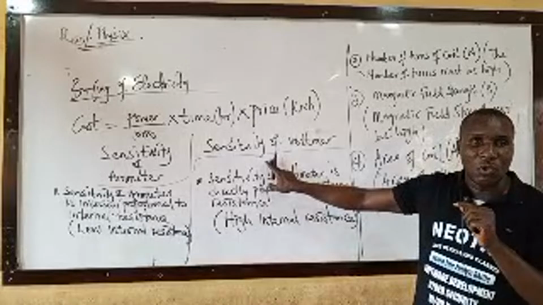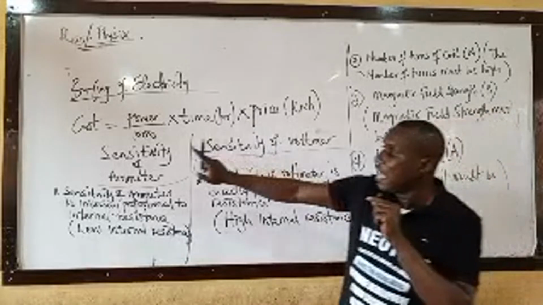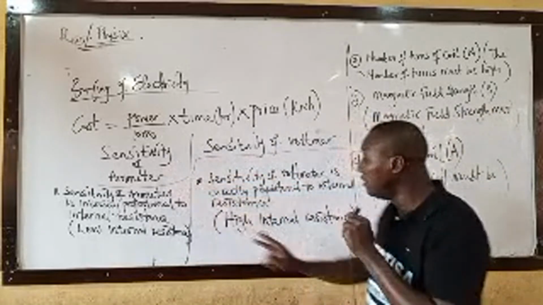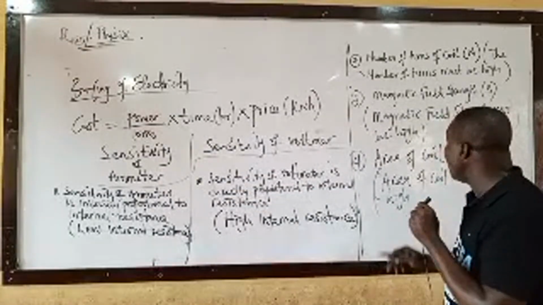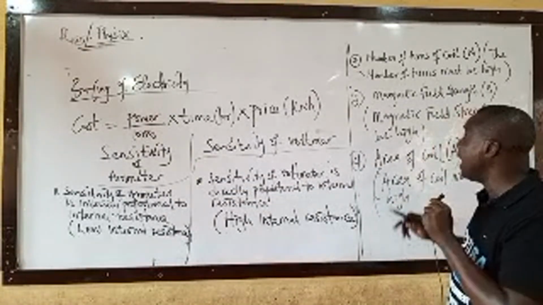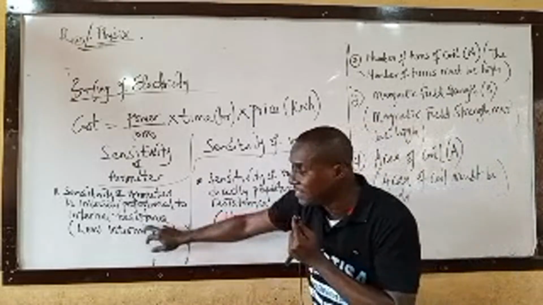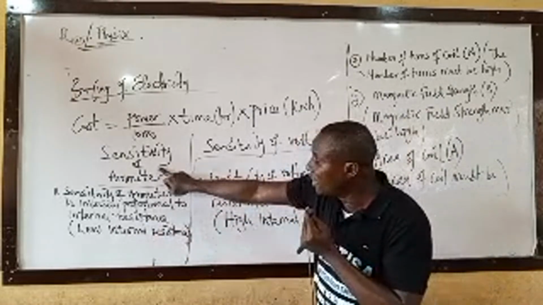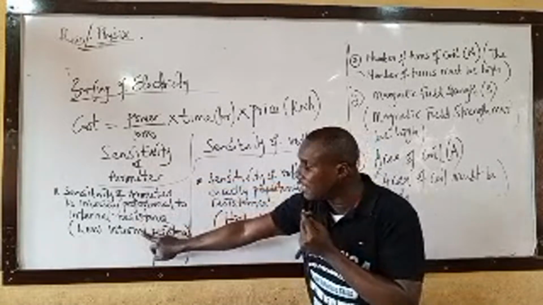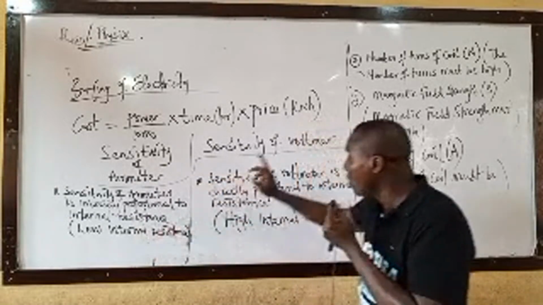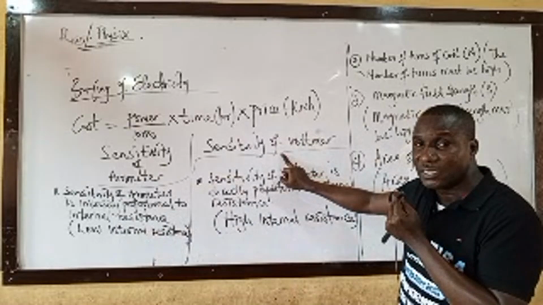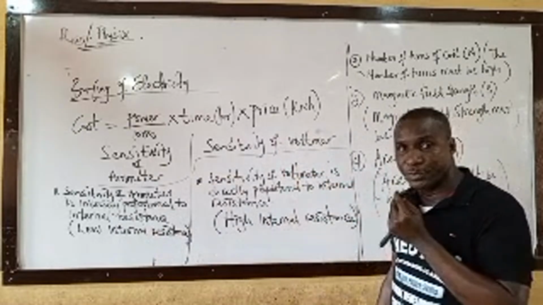For voltmeter to have high sensitivity and ammeter to have high sensitivity, the area of coil must be high. The magnetic field strength must be high. The number of turns must be high. But the only difference is internal resistance. For the ammeter to have high sensitivity, the internal resistance must be low. For the voltmeter, the internal resistance must be high.